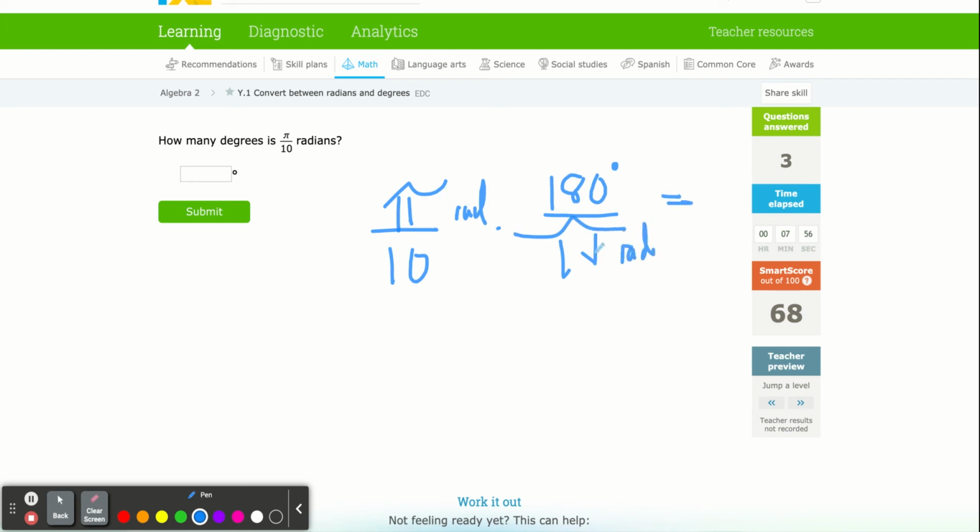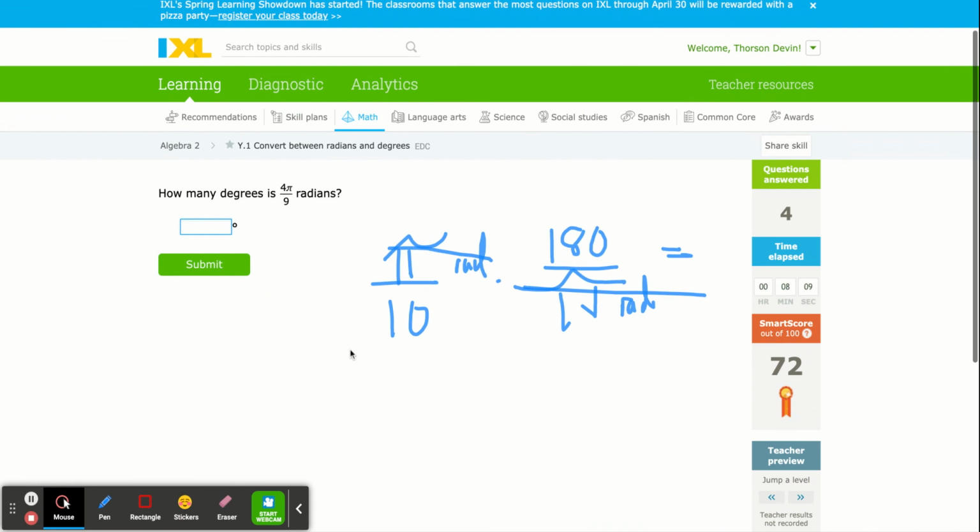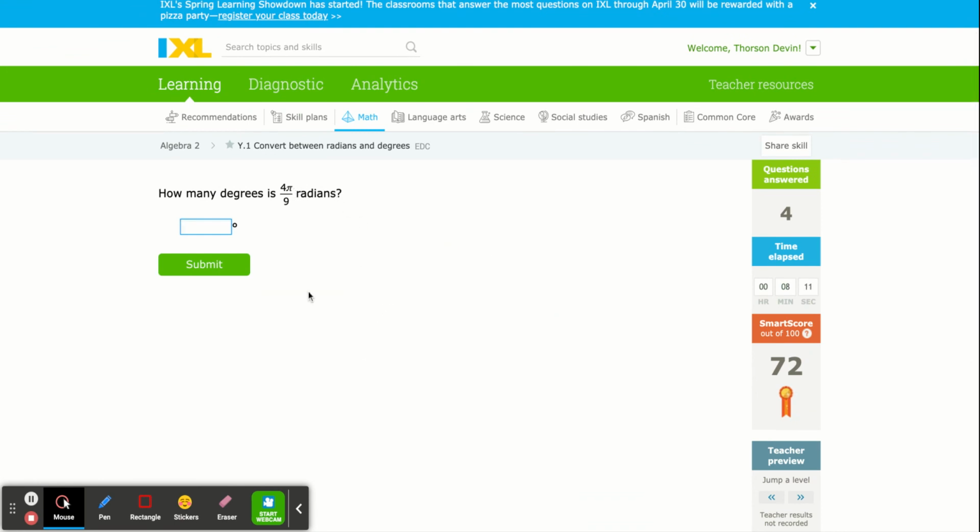Because what happens is the radians cancel. In fact, the pi's cancel, which is really nice. And then I reduce the 180 over 10 and get a degree measure of 18 degrees. So again, to go from radians to degrees, I multiply by 180 degrees over pi radians. That's the unit conversion to go from radians to degrees.